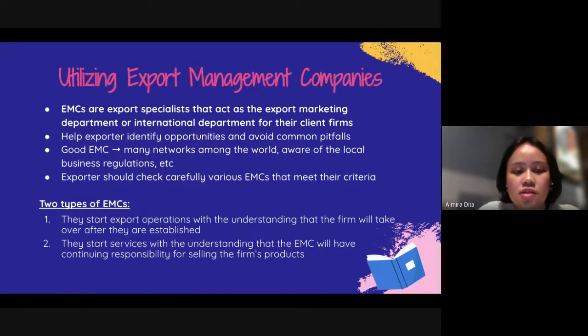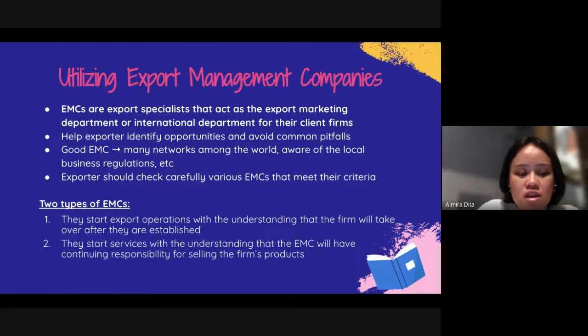And a good EMC will have many networks around the world, be aware of local business regulations, have multicultural employees, and have a good knowledge of different businesses and more, so that the exporter can choose wisely the EMC that they prefer.